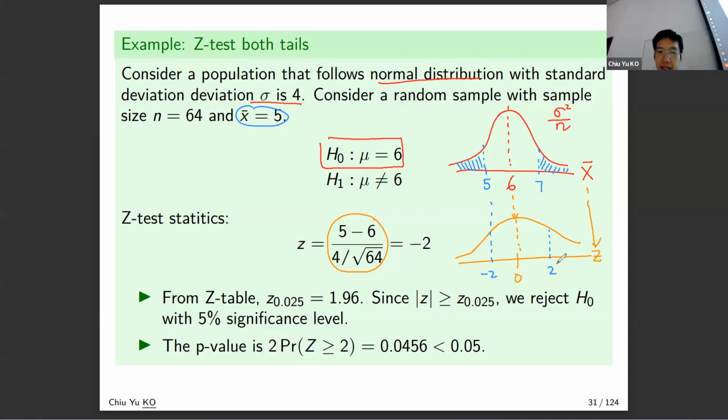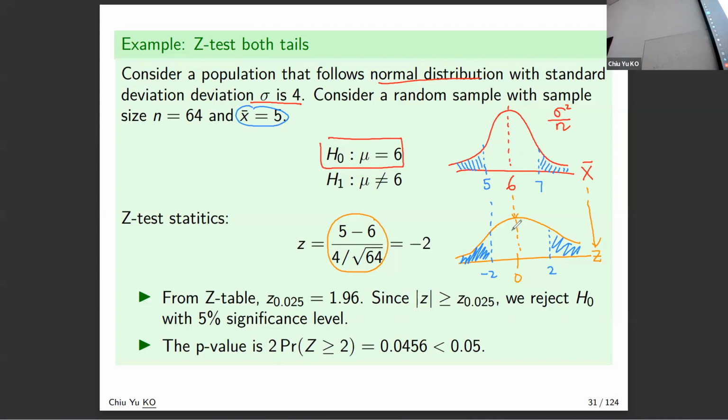So the question is whether this area is big or small. You have to calculate these two areas, both sides. This area is 4%.